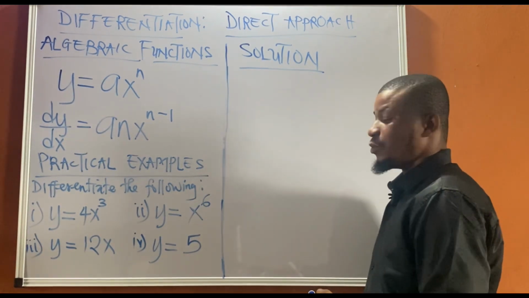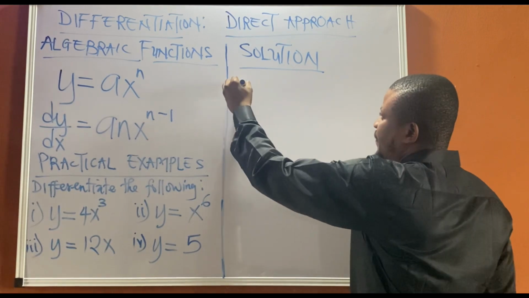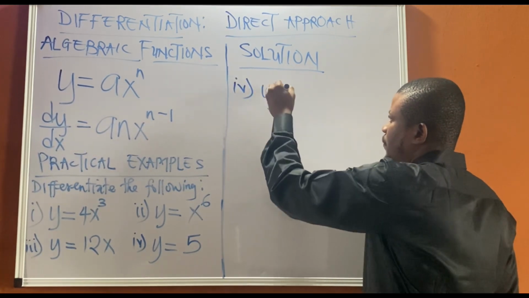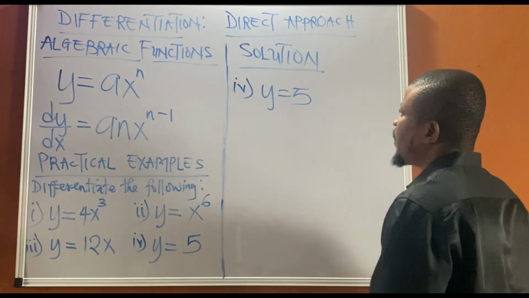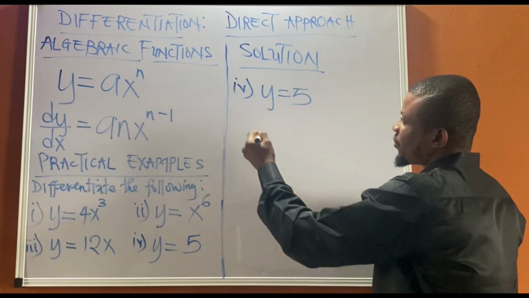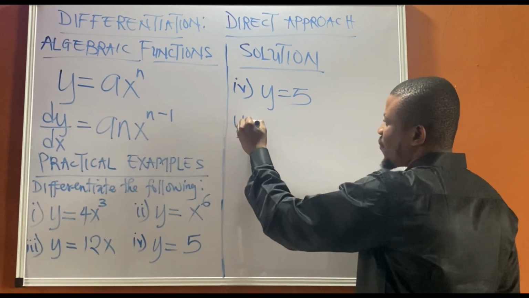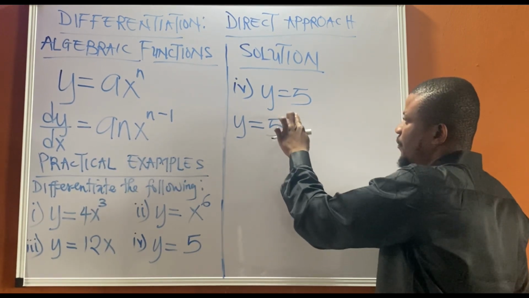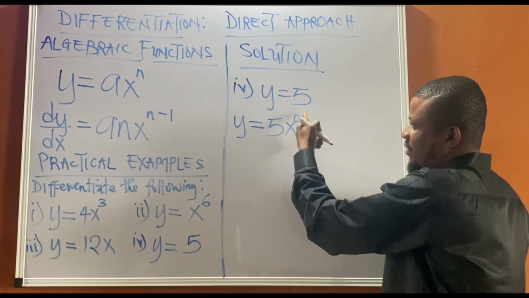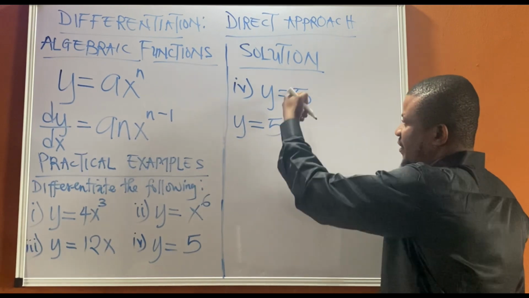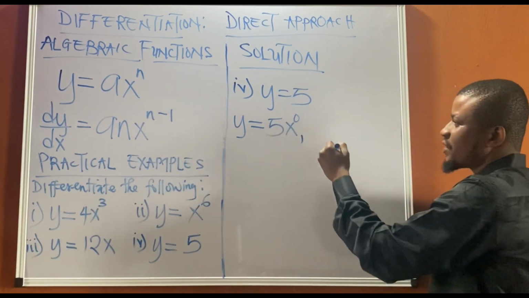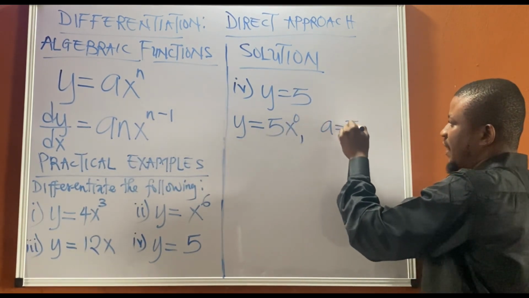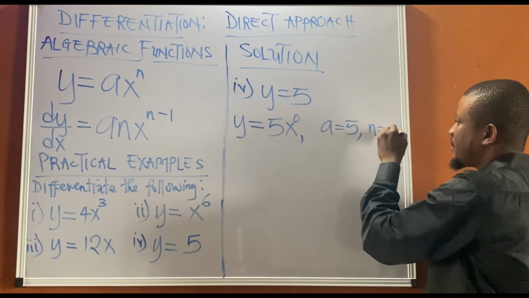For the last example, y equal to 5. If we express this function fully, we can write it as y equal to 5x raised to power 0. X raised to power 0 is 1 times 5 is still 5. And from this, we can see that our a is 5, our n is 0.